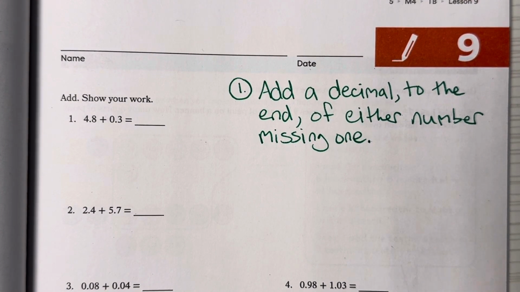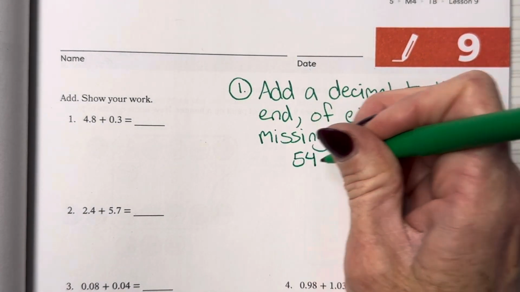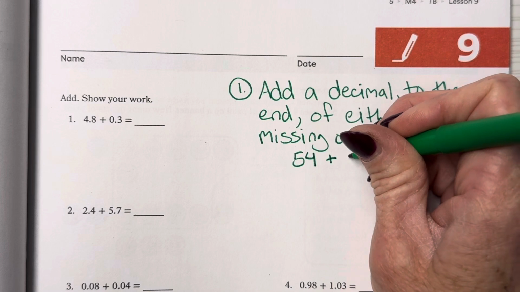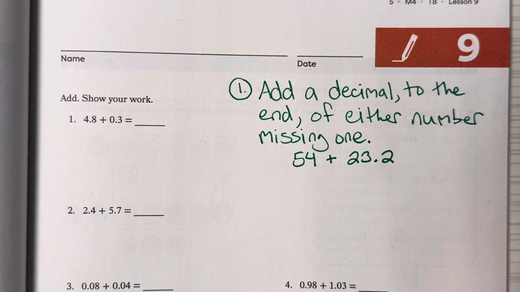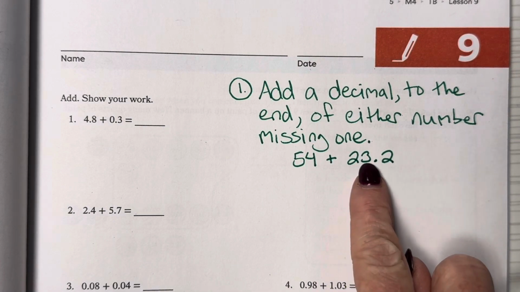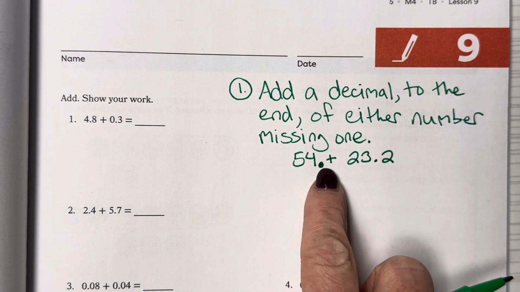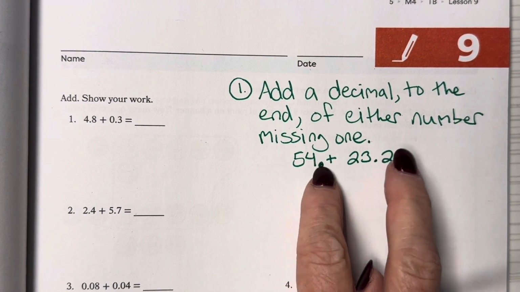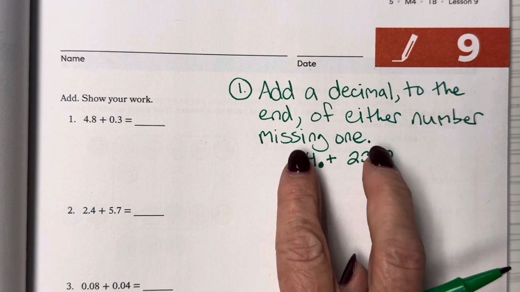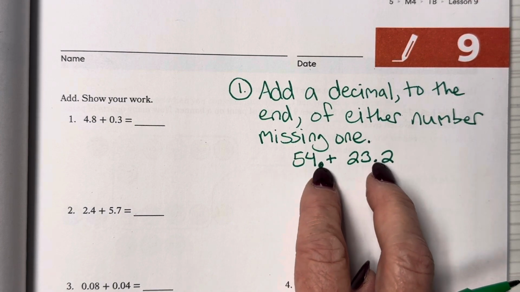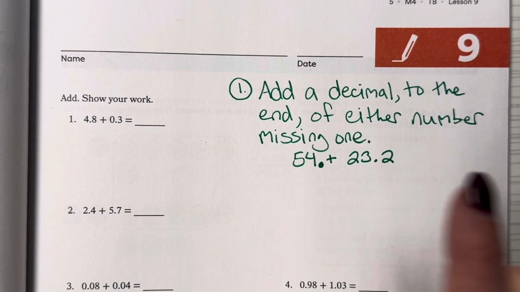So for example, if we're adding 54 plus 23 and 2/10, this one has a decimal and this one doesn't, so I need to add one to the end. We need to add one to the end because both of our numbers have to have decimals. So that's step one. Both of your numbers have to have decimals. And we always add it to the end because it doesn't change the value then.